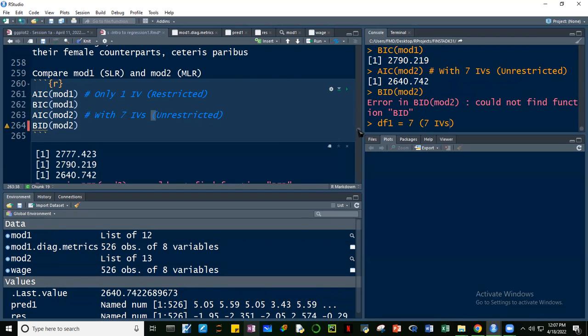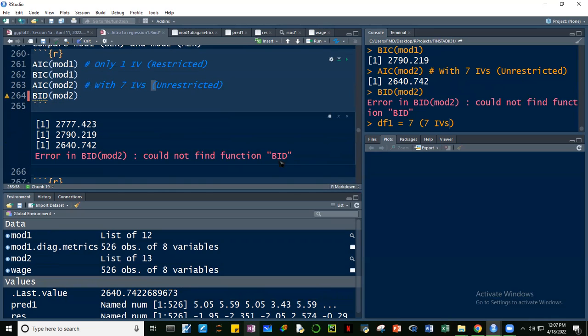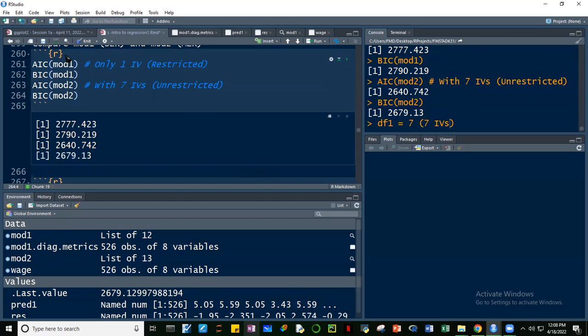okay, we can see now ito BIC, sorry. Okay, so based on AIC, Model 1 has 2777, Model 2 has 2640. So, yung information criterion, guys, ang ginagamit natin dyan, AIC or BIC, meron pang iba, SBC, but we'll just focus on AIC.